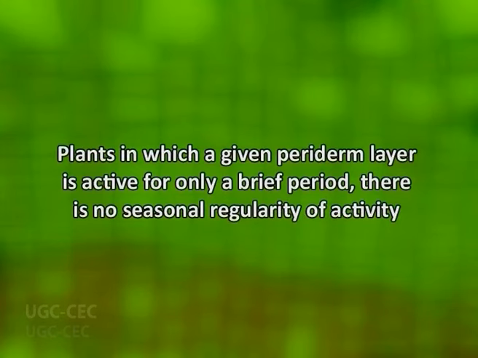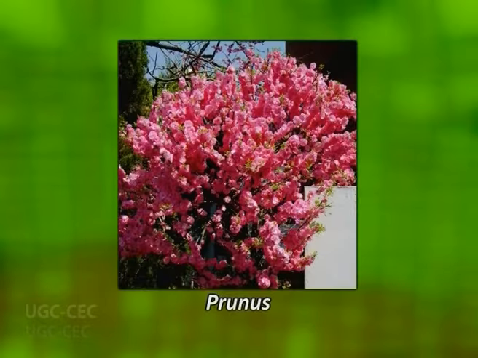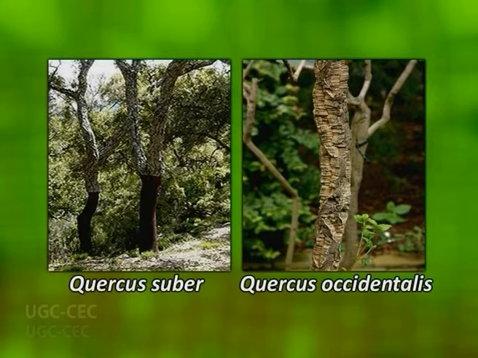of activity. On the other hand, in species with persistent superficial periderm layers, for example, species of Betula, Prunus, and the Quercus, for example, Quercus suber and Quercus occidentalis, there is seasonal variation in type of phloem cells formed by the cork cambium, with the resultant formation of rather conspicuous bands or layers of cork, which probably represent annual rings.